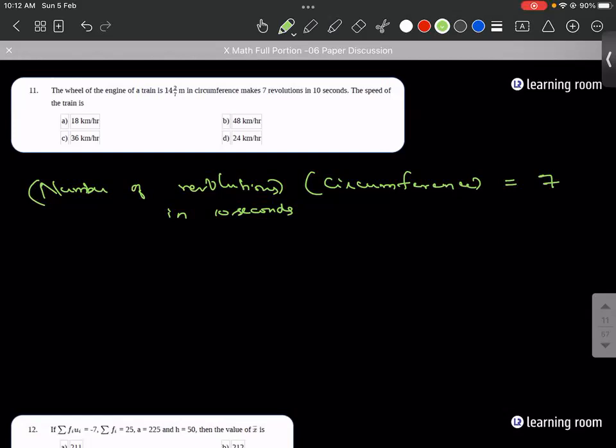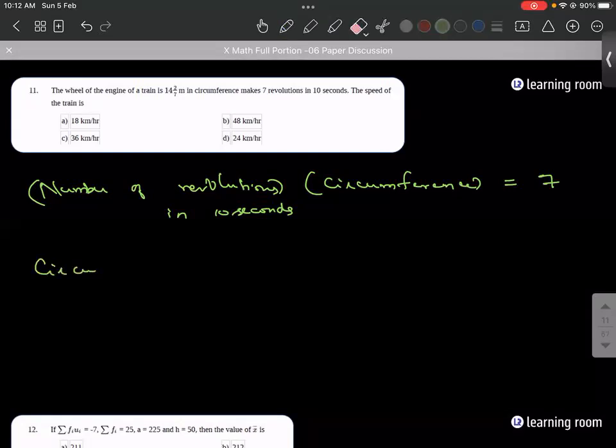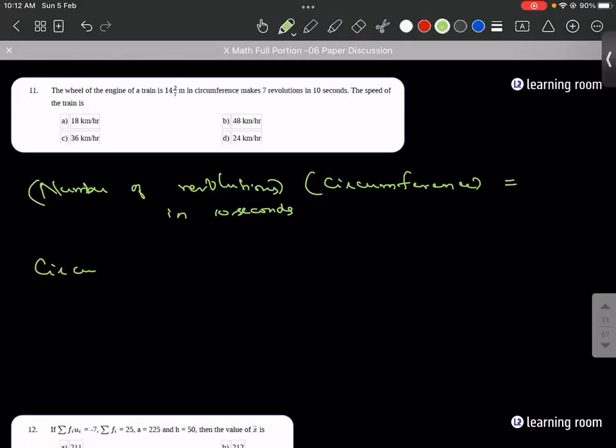So how to solve this? The number of revolutions into circumference will give us the distance, sir. Distance. Okay. So we can directly calculate speed.